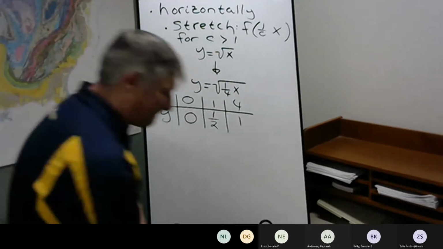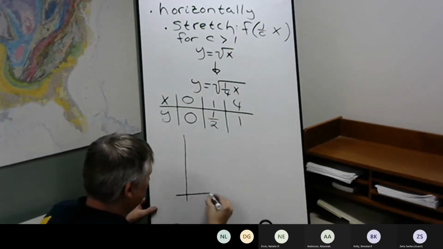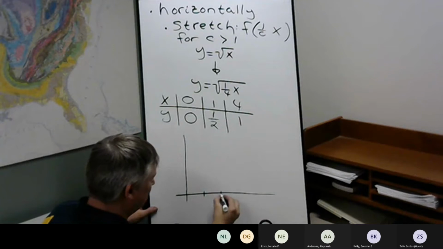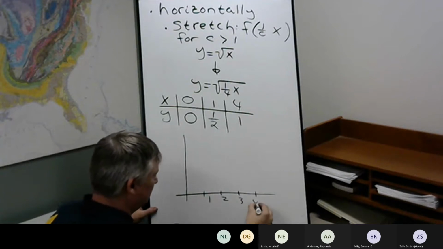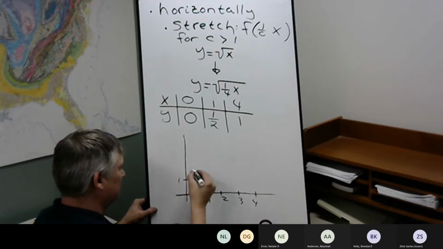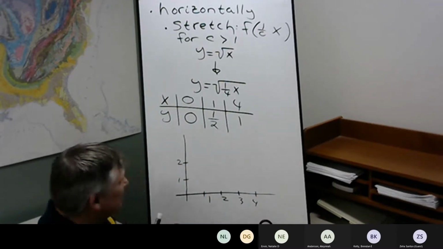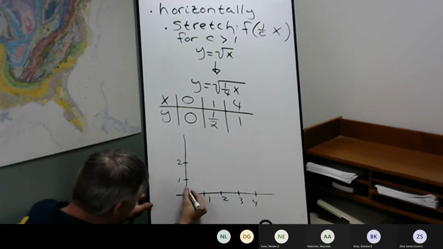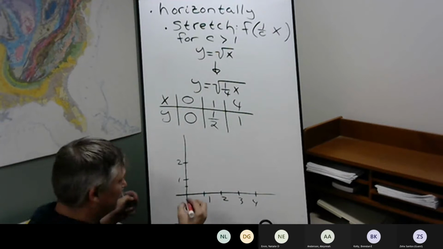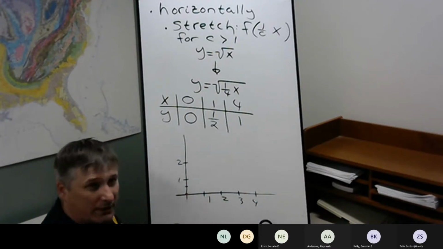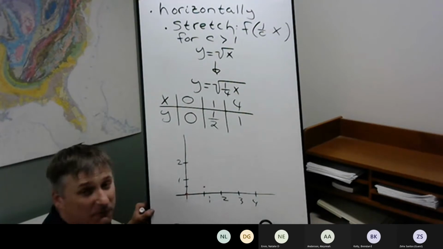So this is what we're going to get. We're going to need 1/2 in here, so there's a half. So 0 and 0. 1 and 1/2, about there. And 4 and 1.